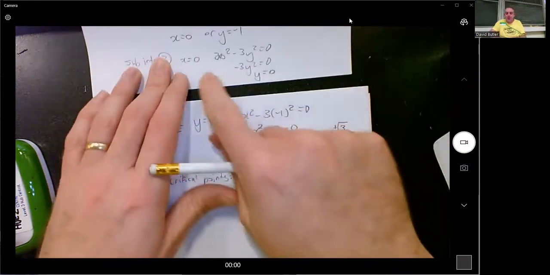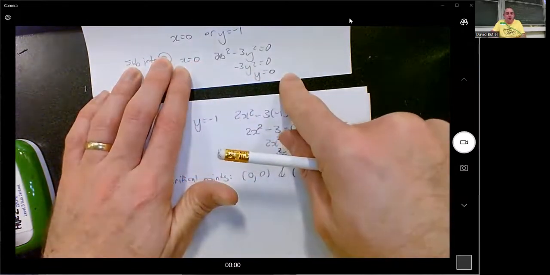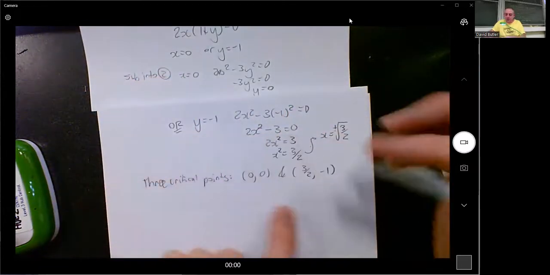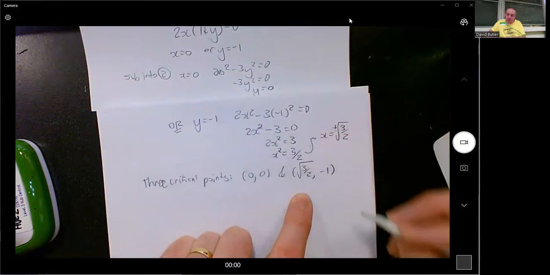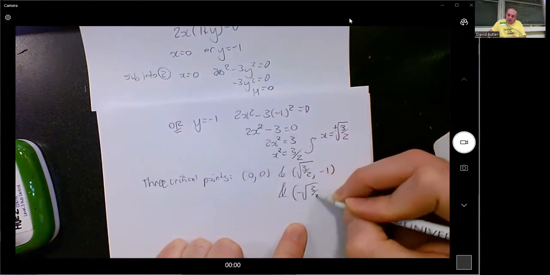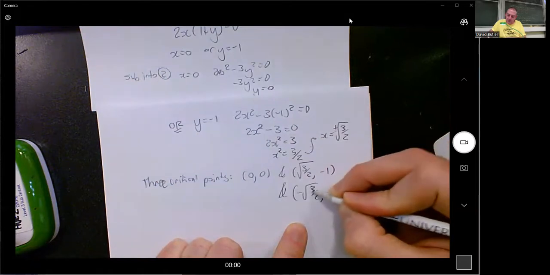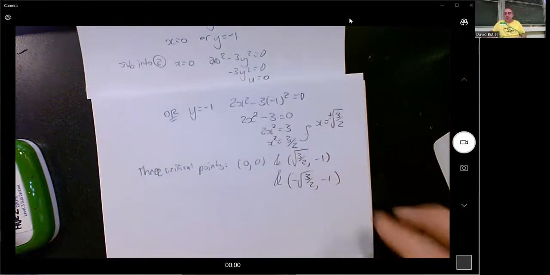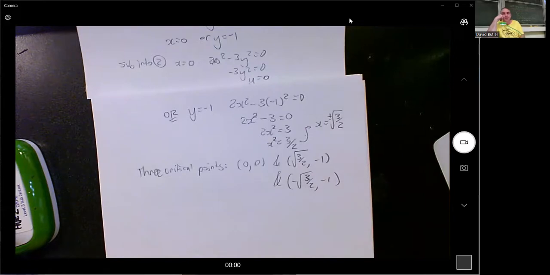So this one, when I put x equals 0, the only choice for y was 0. When I put y equals -1, one of the choices was √3 on 2, and the other one was -√3 on 2. But they both went with y as -1. Glad I noticed that.